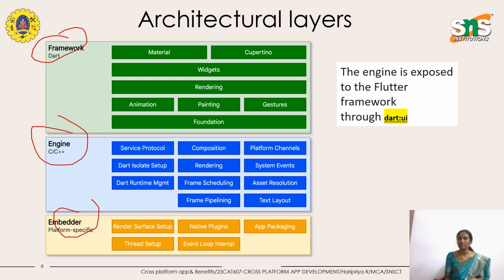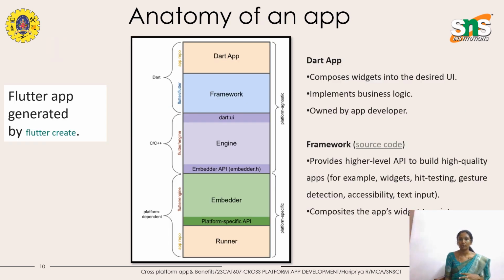The engine works with the framework of dart:ui, the user interface. Dart:ui is the architecture we work over behind your developer tools. This is the anatomy of an application. This anatomy is generated by flutter create.